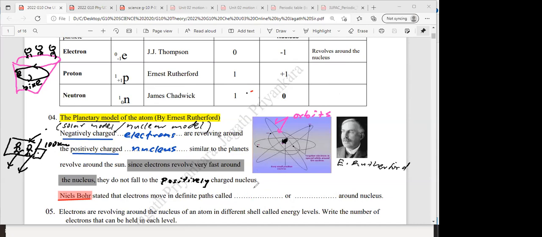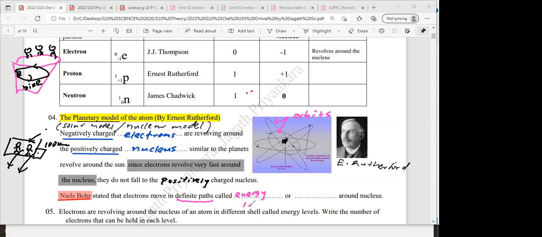Complete the first blank. The definite path of the electron around the nucleus of an atom is known as energy level, or you can write shells.